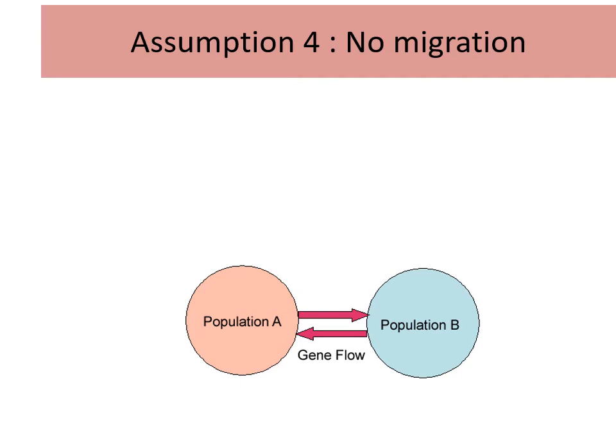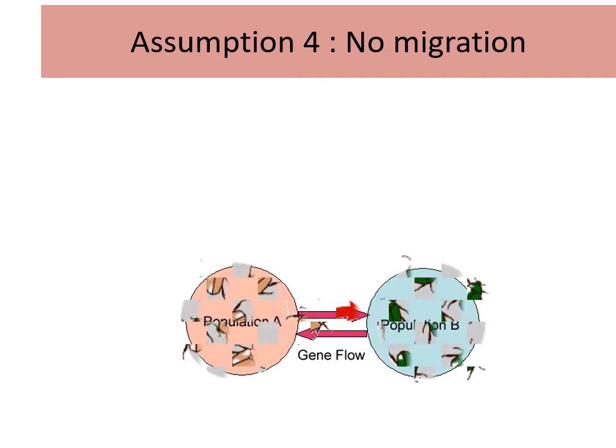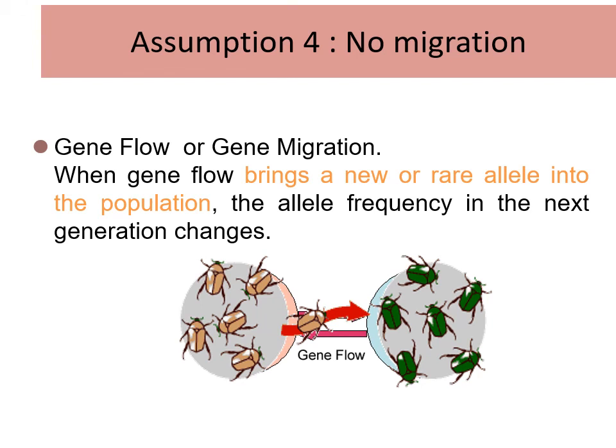According to the Hardy-Weinberg equation, this predictive calculation of allele frequencies from generation to generation must be stable. Migration or gene flow brings a new or rare allele into the population that will cause changes in the allele frequency in the next generation.